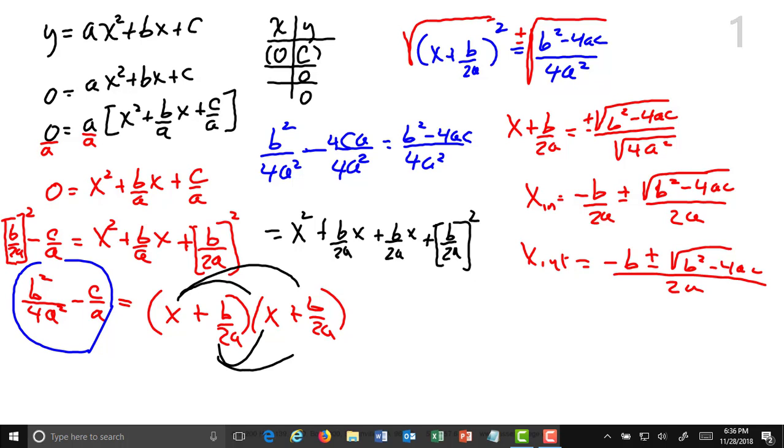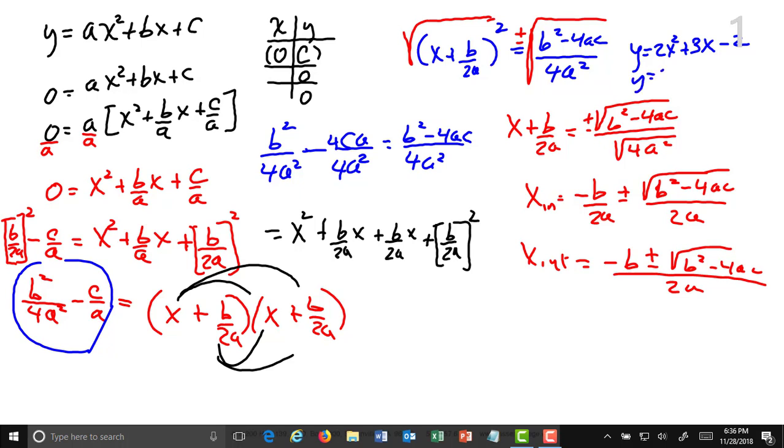What happened with our last problem? Our last problem was what? y equals, do you remember, 2x squared plus 3x minus 2? Was it like this? Yeah. Okay, so what is a here?